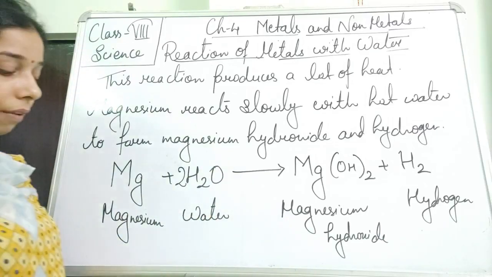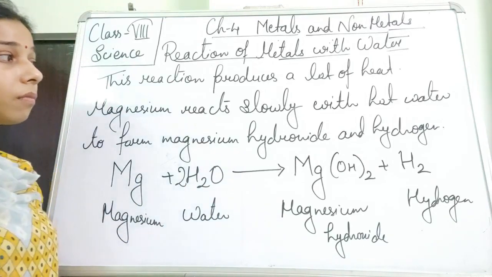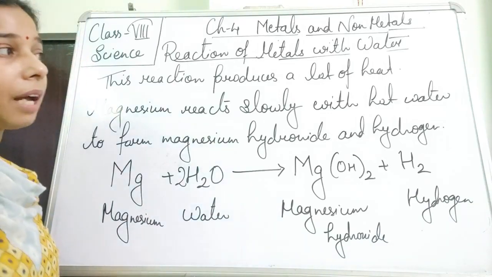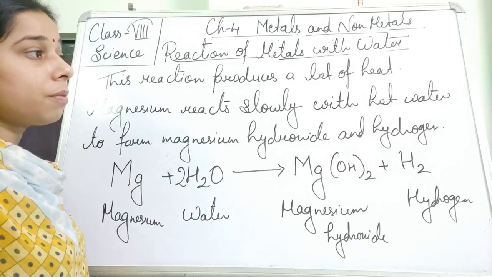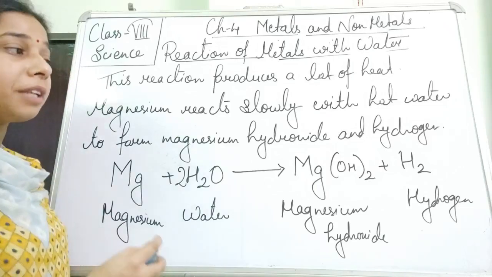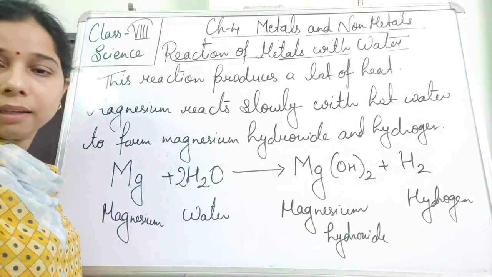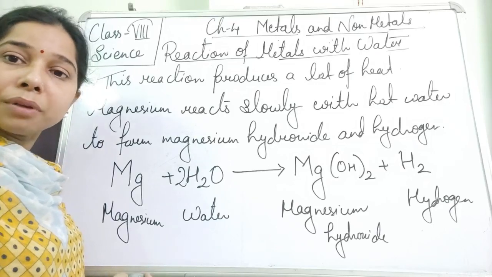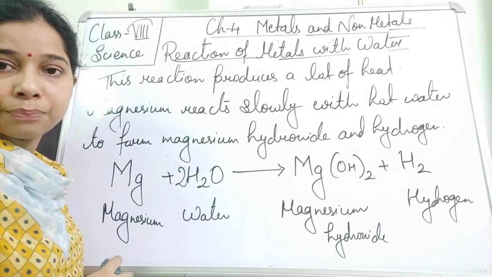Moving on, we will see zinc. So zinc is what? Let me tell you the difference that we have seen in the case of sodium and magnesium. Sodium can react with water even when the water is cold. It means it does not need a temperature to react. So that is why I said that sodium can react even with cold water to form sodium hydroxide.